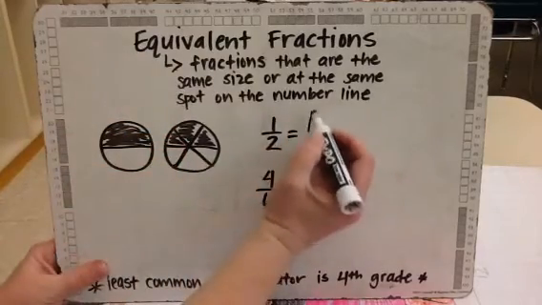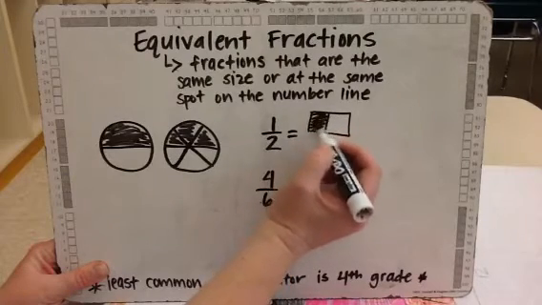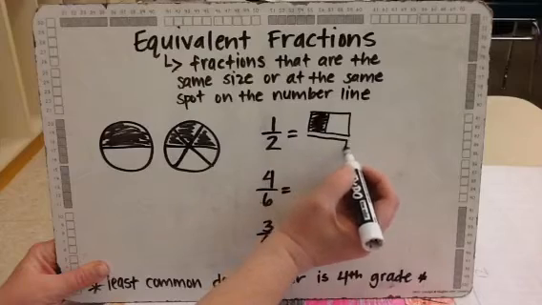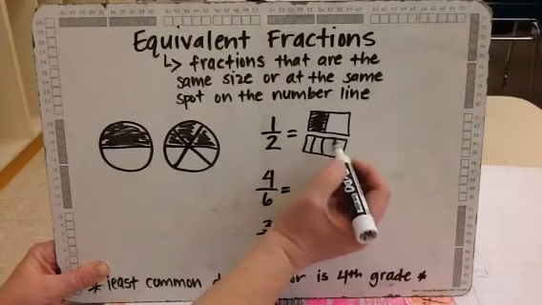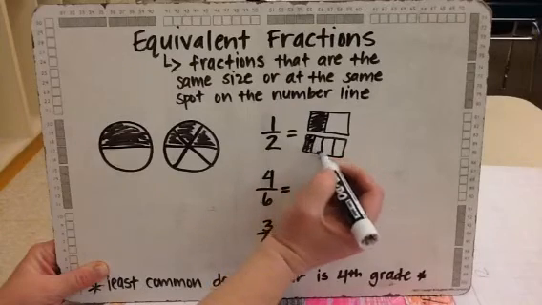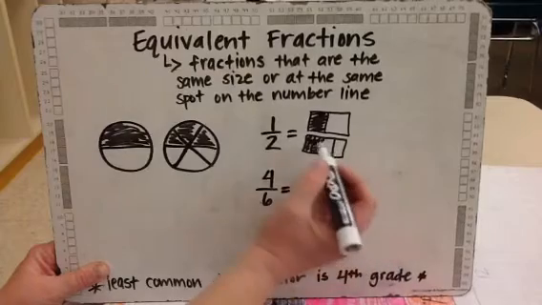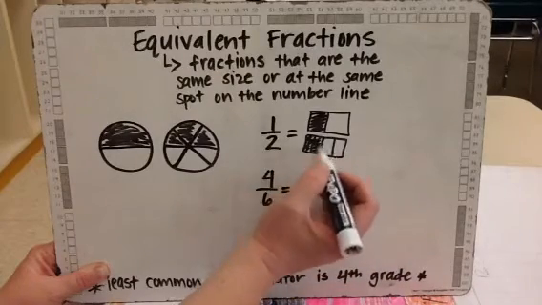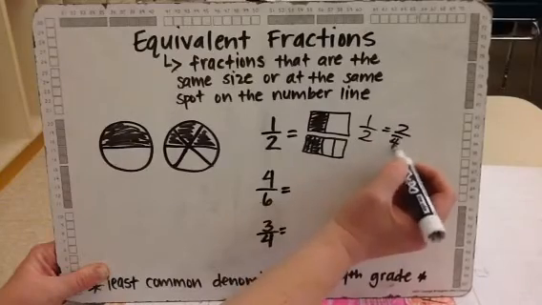So I'm going to draw my whole, and I'm going to shade in 1/2. And then right underneath it, I'm going to draw another whole, and I'm going to partition it into fourths. And I'm going to shade in the same amount. Okay, so I have to really be careful there. So I just found out that 2/4 is equal to 1/2.